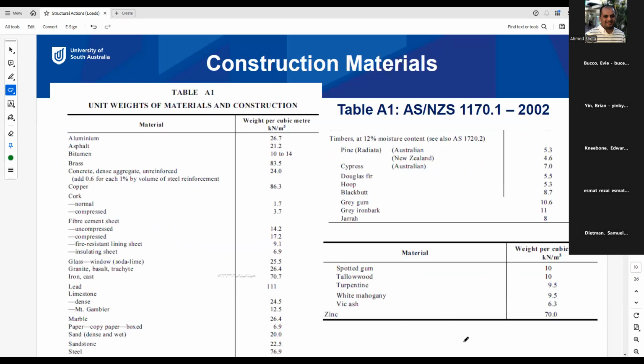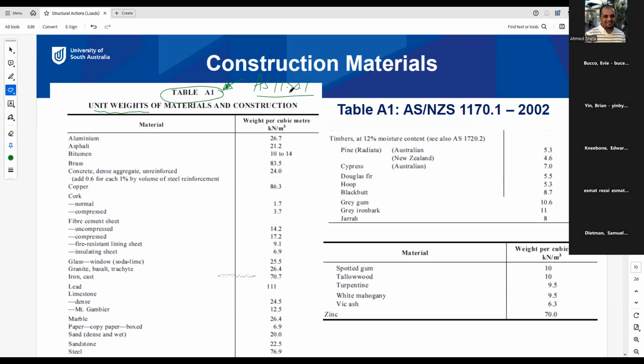So this is an example of some materials given by the standard. The material unit weights are given in table A1 and table A2 of the Australian Standard, but mainly the unit weight is in table A1 of AS 1170.1.